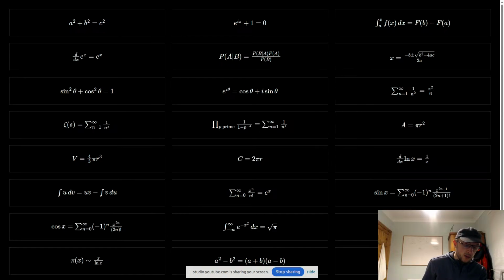So n choose 0 plus n choose 1 plus n choose 2 all the way up to n choose n adds up to 2 to the power of n. For example, 3 choose 0 plus 3 choose 1 plus 3 choose 2 plus 3 choose 3 would be 1 plus 3 plus 3 plus 1, which is indeed 2 to the power of 3, which is 8.